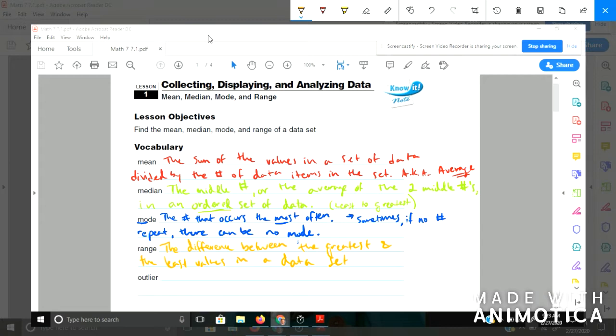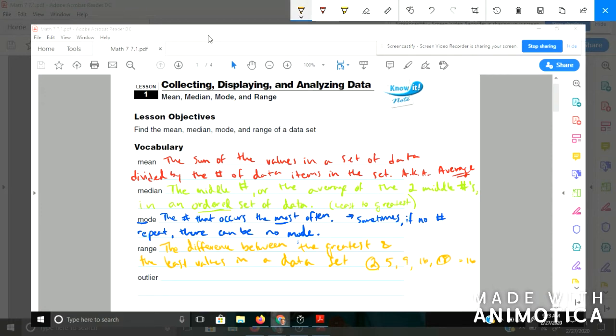So let's say you had numbers 2, 5, 9, 16, and 18. The range would be your greatest number, 18, minus your smallest number, 2. 18 minus 2 would be 16, would be your range.